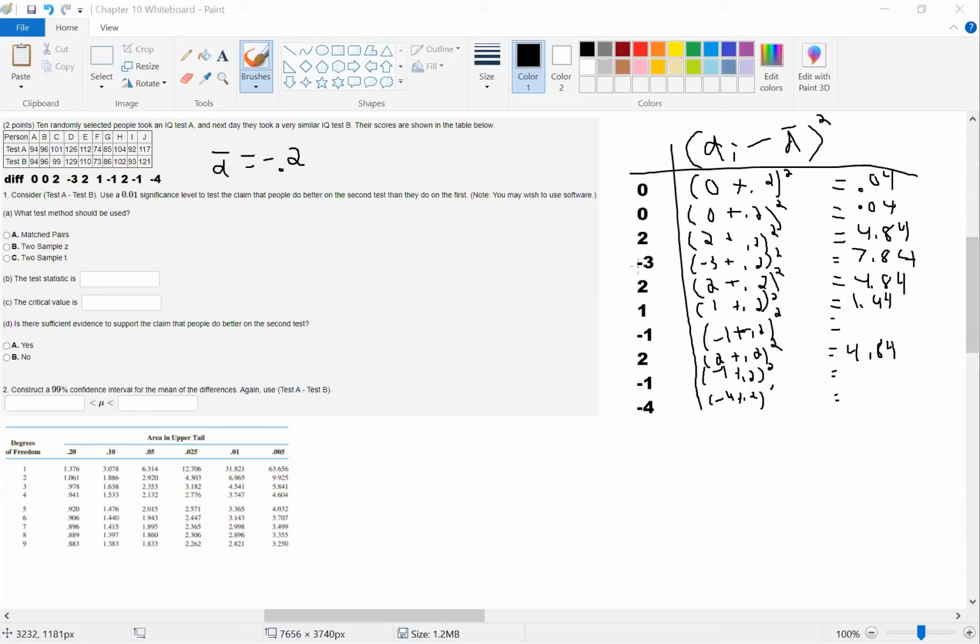Now we have -1 plus 0.2. It's -0.8, square that, 0.64. And we can write that down twice. And our last one is -4. Square that, 14.44. Now we add these all together.